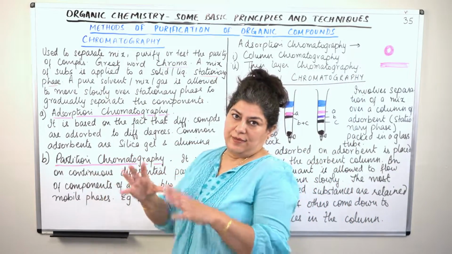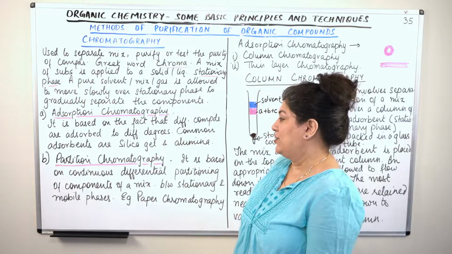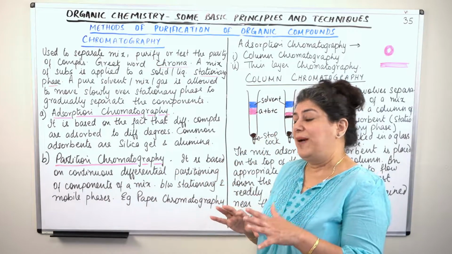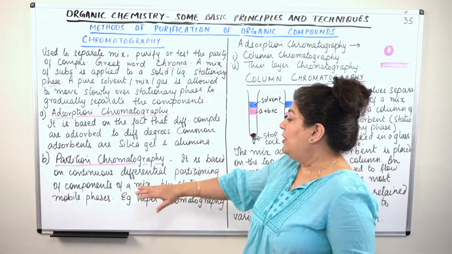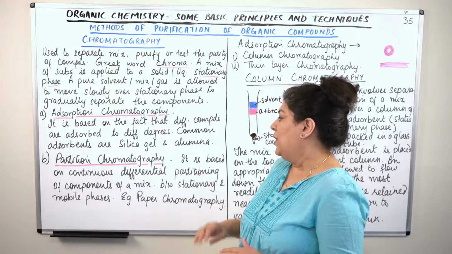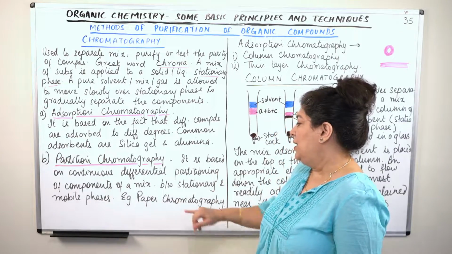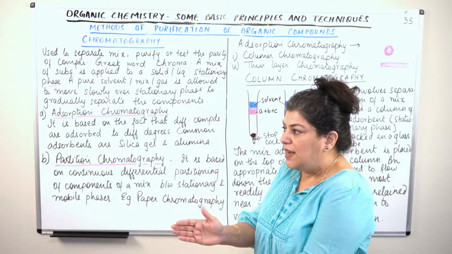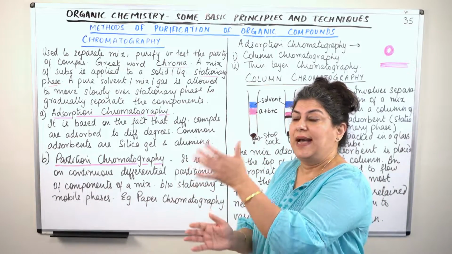The second type of chromatography is partition chromatography. Partition chromatography is based on continuous differential partitioning of components of a mixture between the stationary and the mobile phase. It is a continuous separation that occurs.